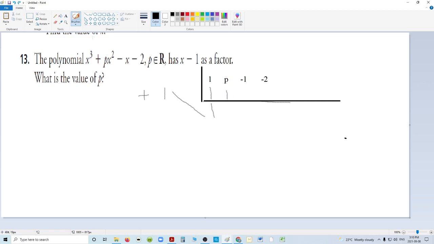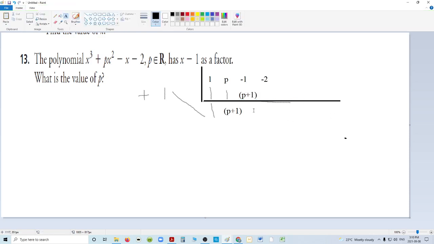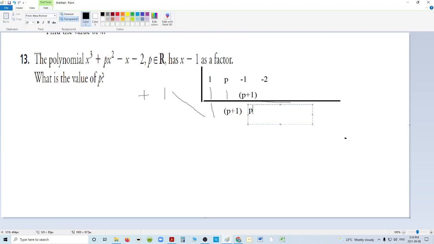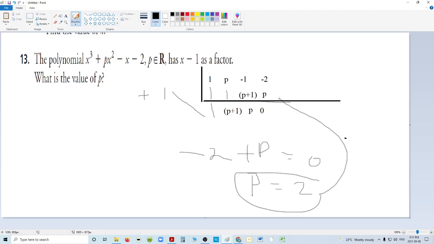P plus 1, we can even do it algebraically here, is p plus 1. 1 times p plus 1 up here will be equal to p plus 1, right? 1 minus 1 plus p plus 1 will be equal to p. 1 times p will be p here, and the remainder has to be 0, which means minus 2 plus p has to be equal to 0. Therefore, p must be equal to 2. So that's another way to algebraically do it.